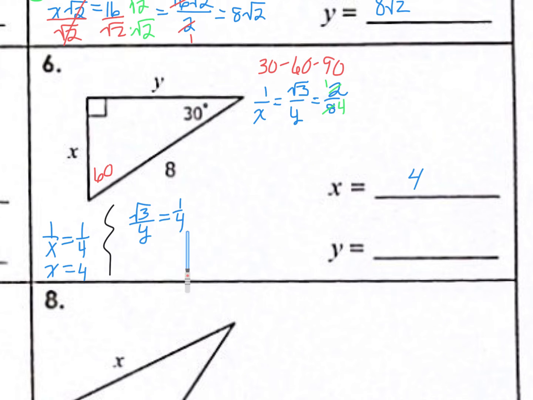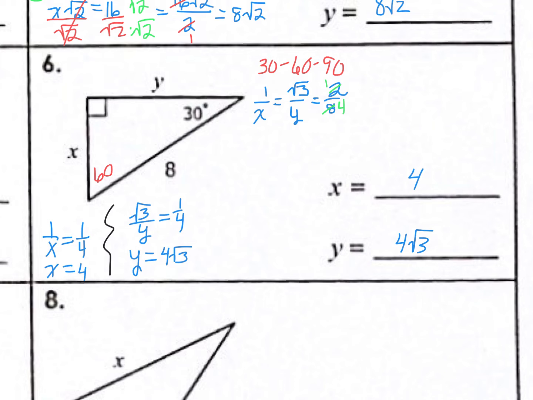So we are going to cross multiply and solve. So 1 times y is y, and 4 times the square root of 3 is 4 radical 3. So that was easy, no simplifying of radicals, nothing.